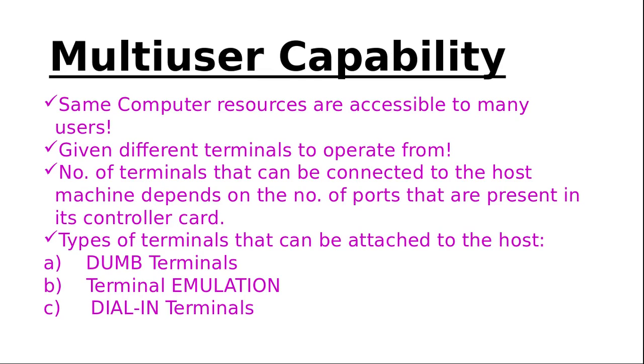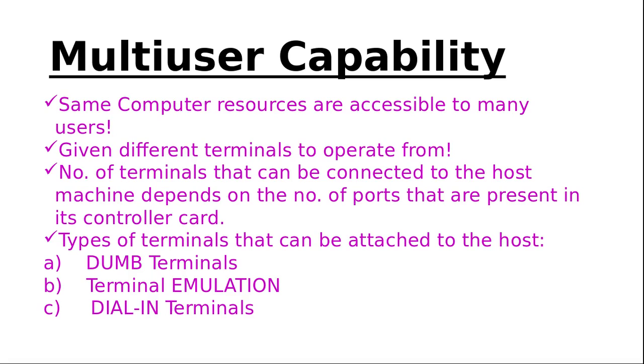Of course, the users don't sit together at the same computer, but are given different terminals to operate from. A terminal, in turn, is a keyboard and a monitor, which are the input and output devices for that user. All terminals are connected to the main computer, whose resources are availed by all users.